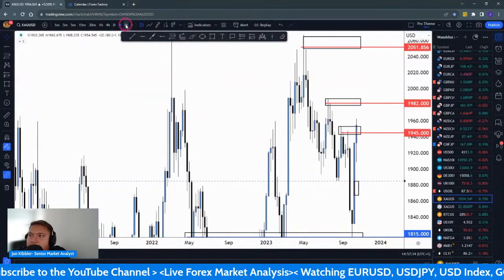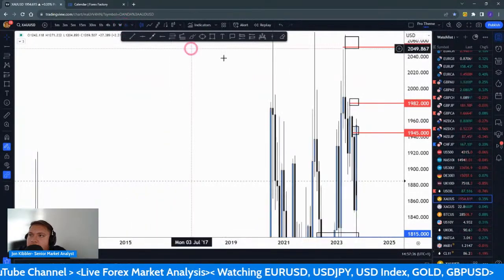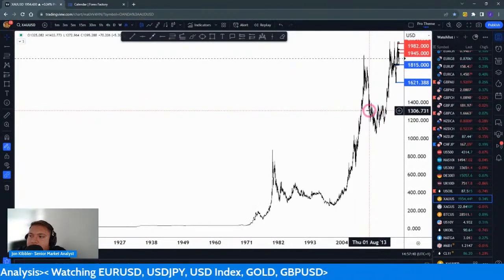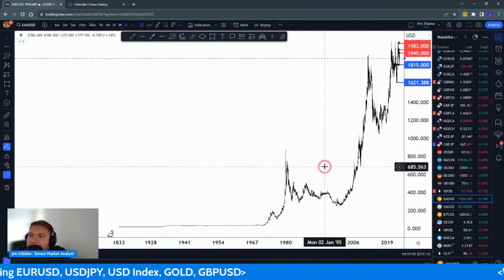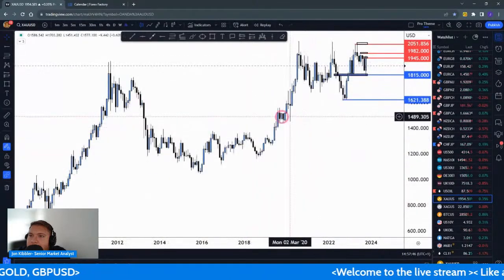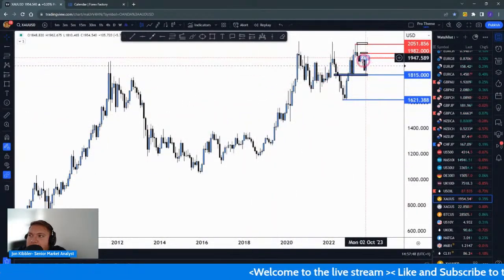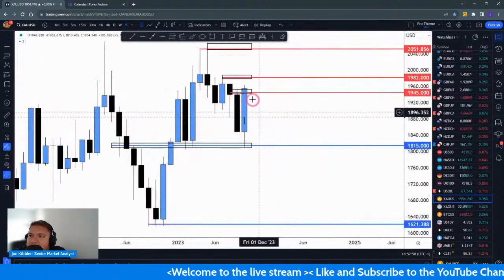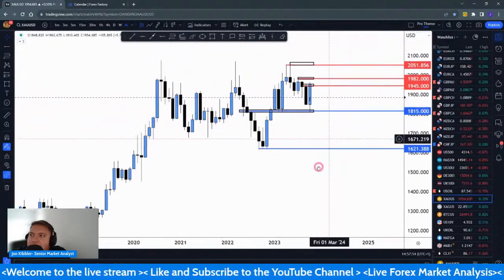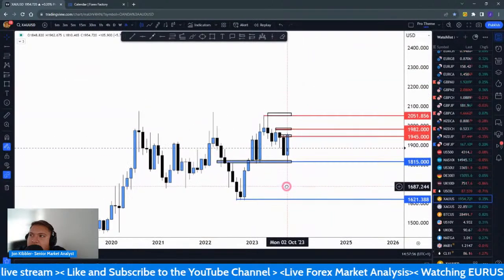If we look at it from a monthly chart, let's zoom out a little bit. I mean, gold doesn't really come back too often. Look at that monthly candlestick so far. Is this the start of a move up to 2050 and maybe even beyond 2050?